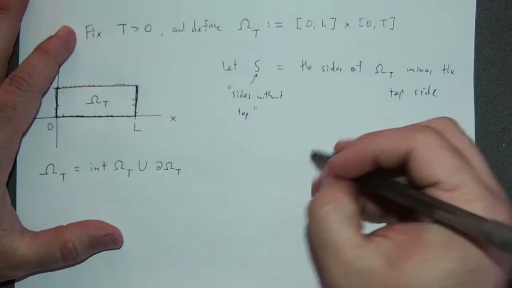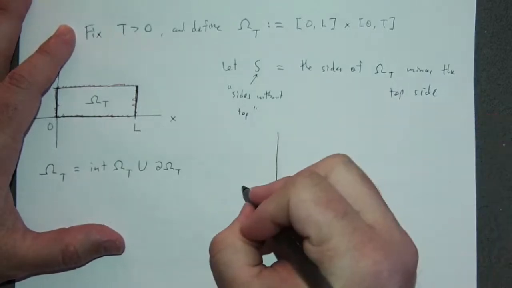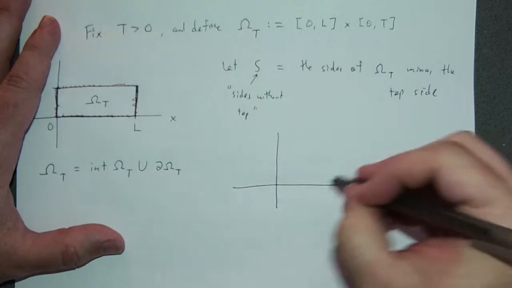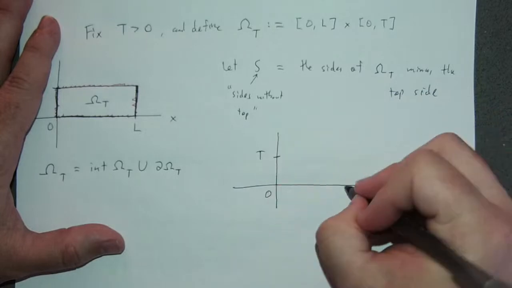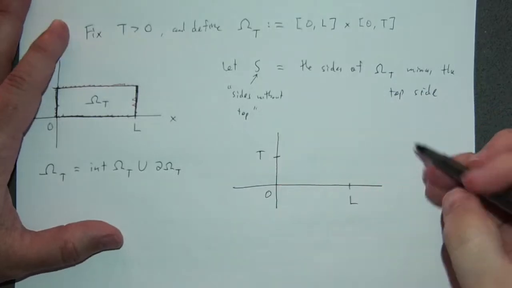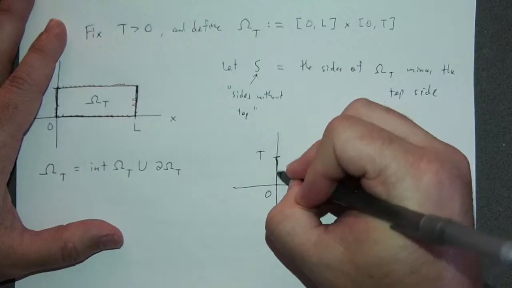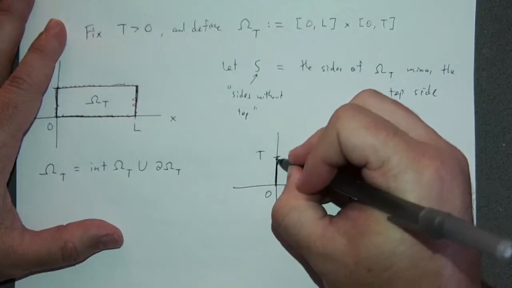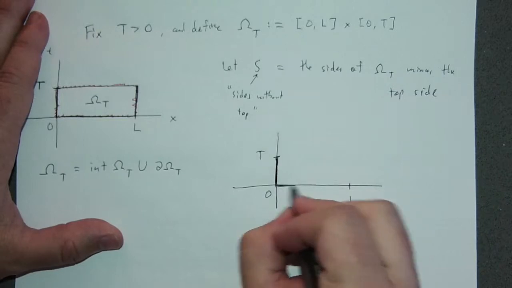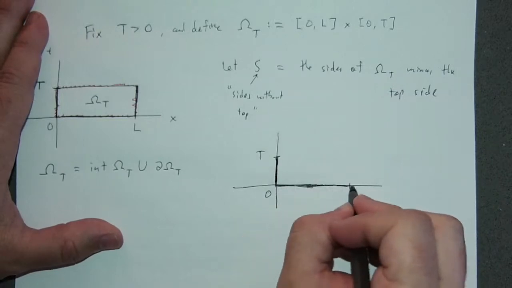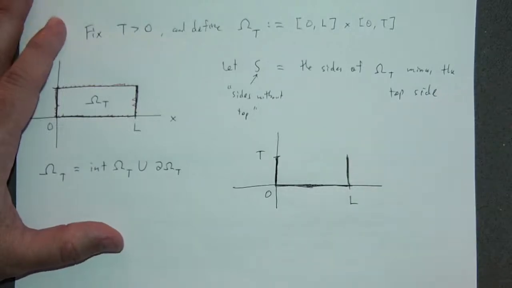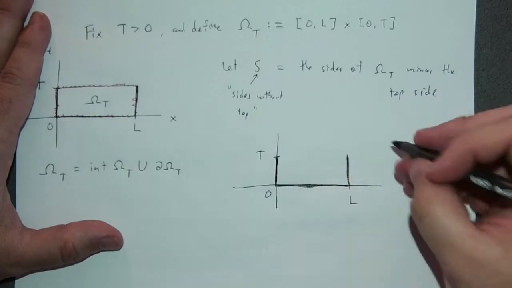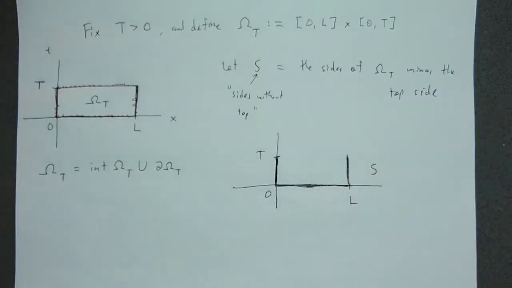If I drew a picture of this, here's big T, here's 0, here's L. S is going to be the left side, the bottom side, and the right side. None of the interior points and not the top. This set is what S is.